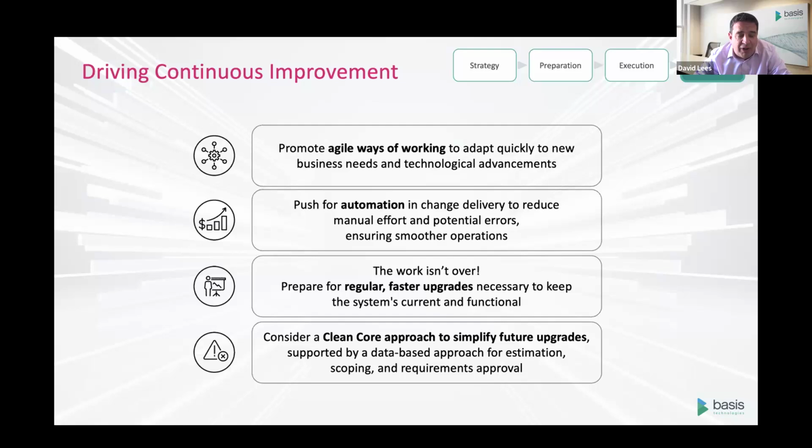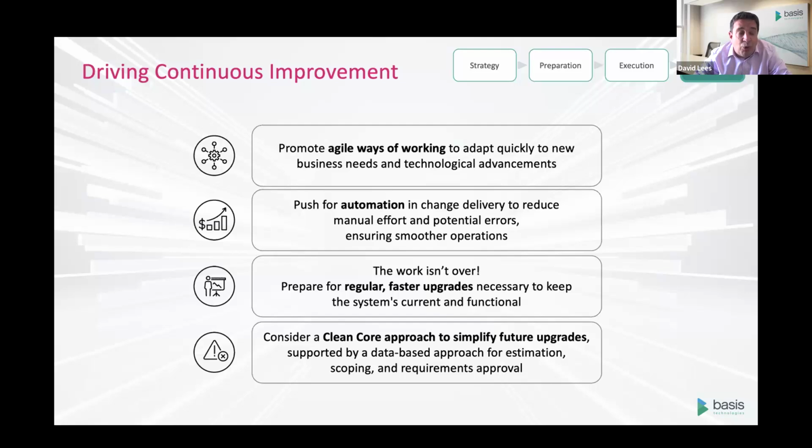Automation is obviously going to be critical given the resource surge or peak that is likely to come in the next few years with all of the parallel ECC to S4 transformations that are underway.